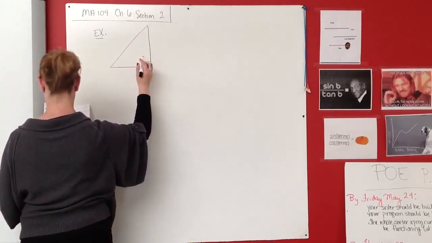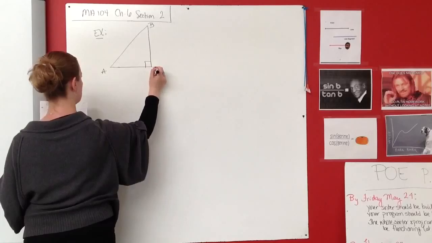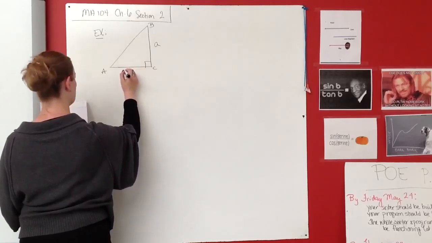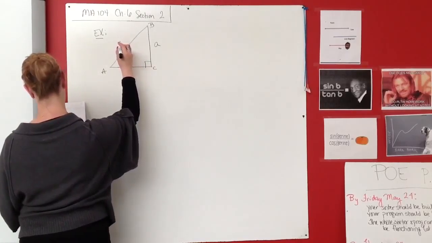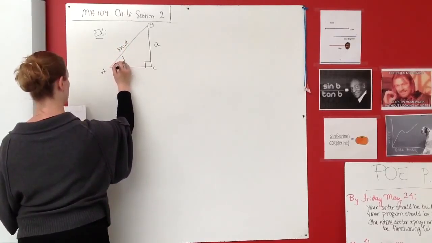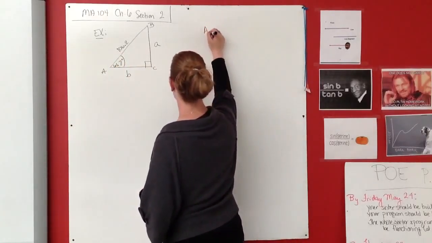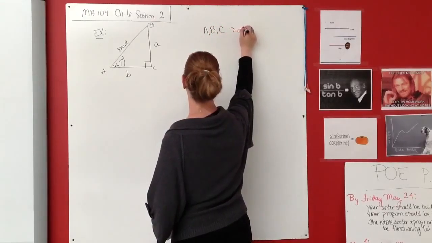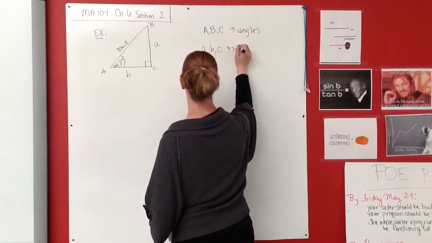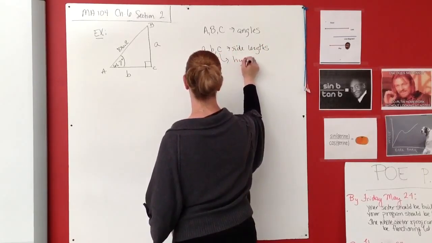Here's our right angle. And we know that this is A, this is B, this is C. I can't remember what I just wrote on the board, but I think I had them inverted. Capital letters are for angles. I'm sorry. Little letters are for side lengths. And this little c is the hypotenuse. My apologies.